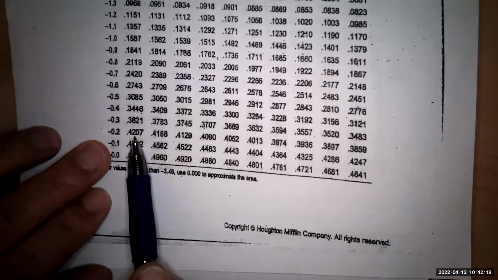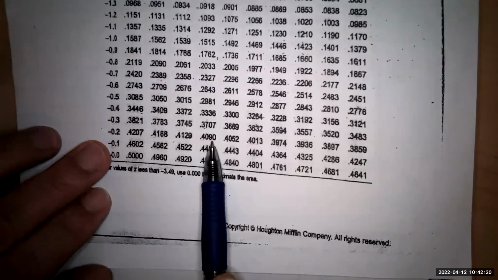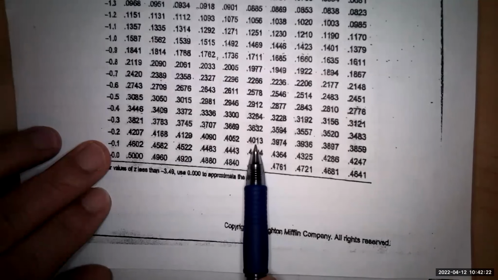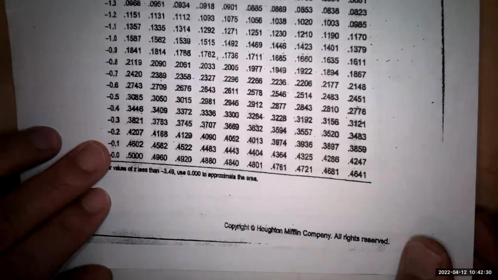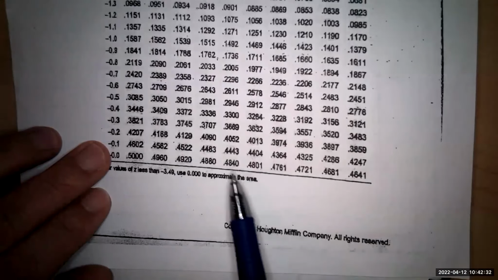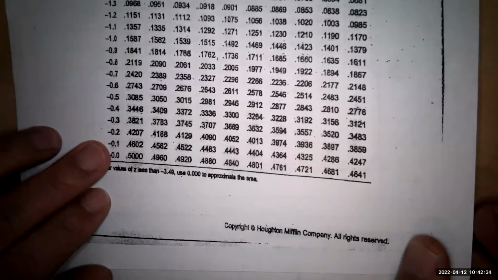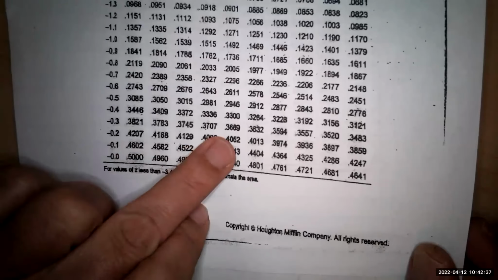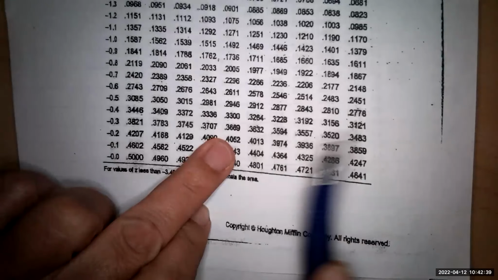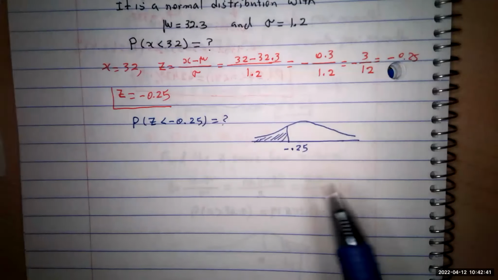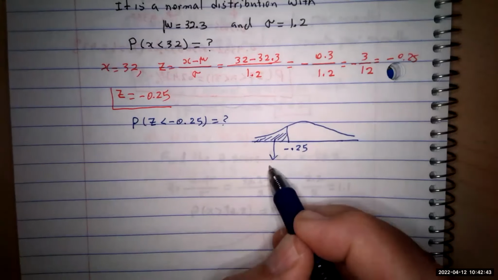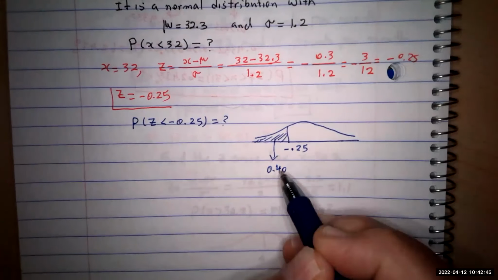So this is 0, 1, 2, 3, 4, 5. So it's going to be 0.40. Let me double check it. Yes, it's going to be 0.40.